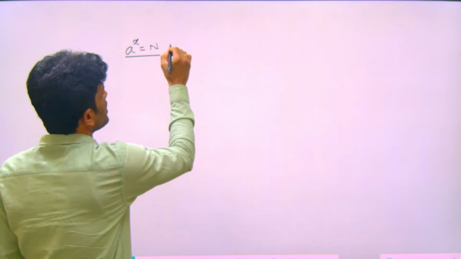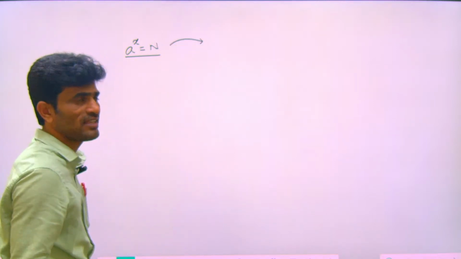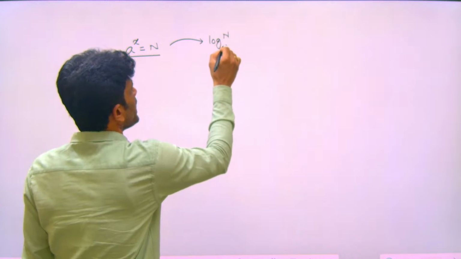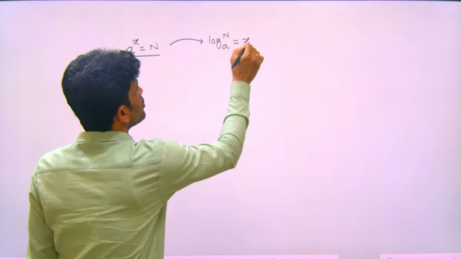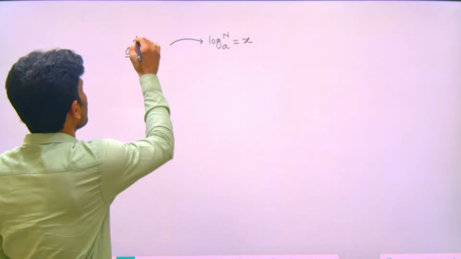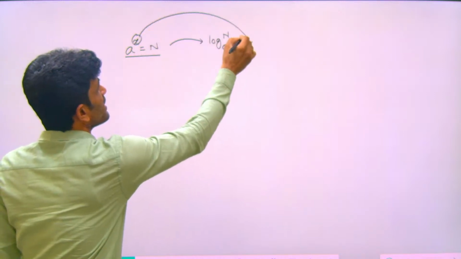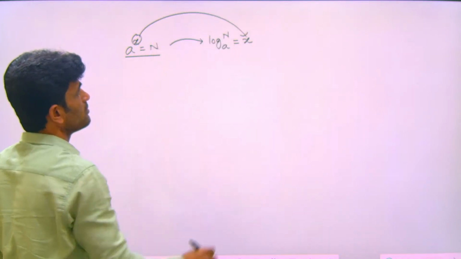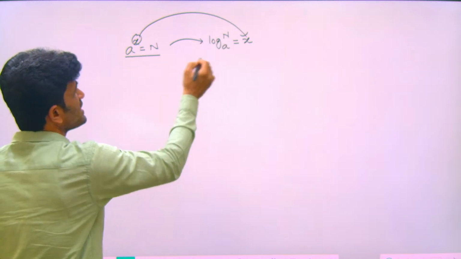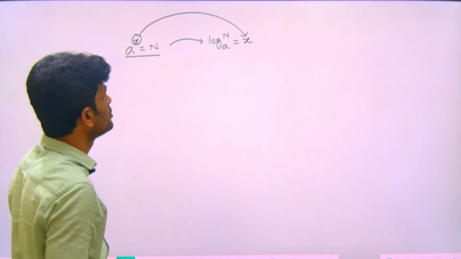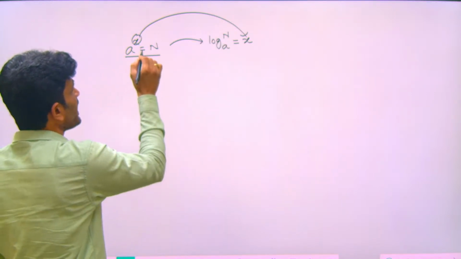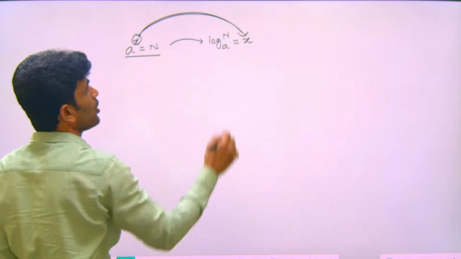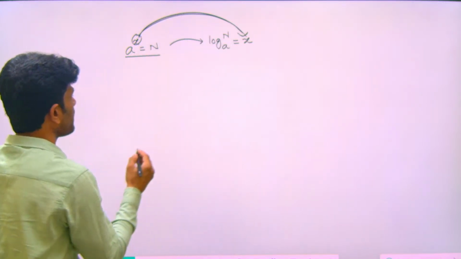The same can be expressed as log n to the base a is equal to x. So the exponent becomes the result here, n stays n, and the base a stays as it is. If an exponential form is there like this, we can express it in logarithmic form like this.